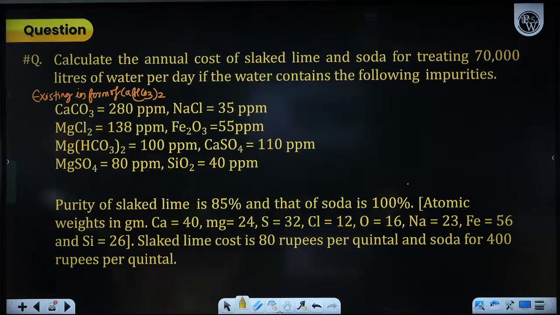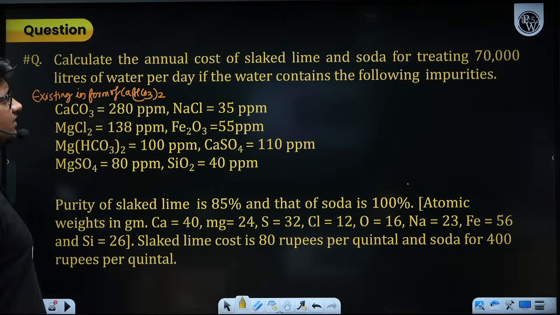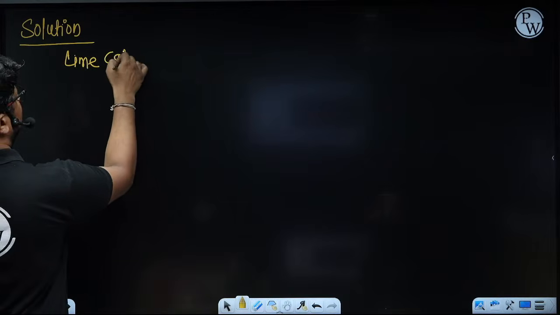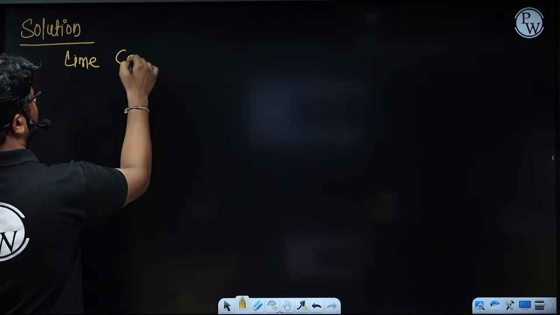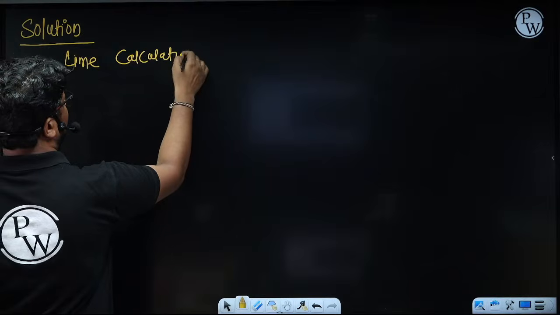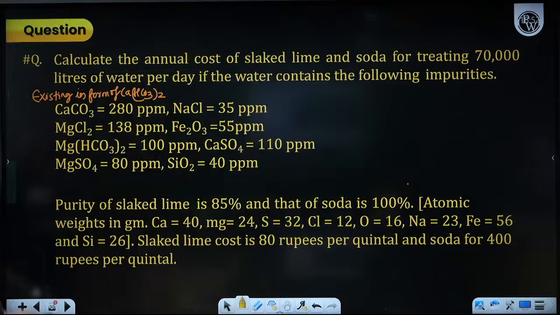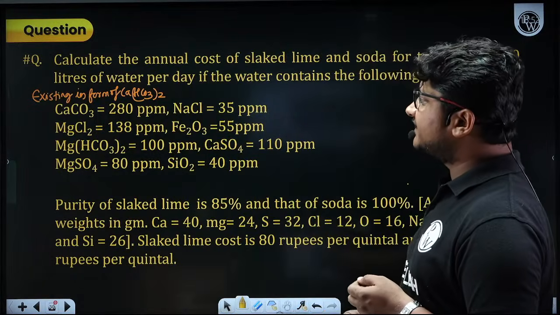See here. First we'll calculate the lime part and then we'll go for the soda part. So in the lime calculation, the first one will be calcium bicarbonate, which is 280 ppm. Calcium bicarbonate needs lime to get converted into calcium carbonate.